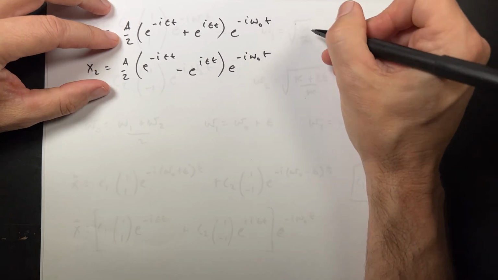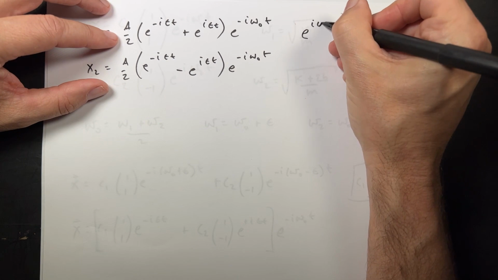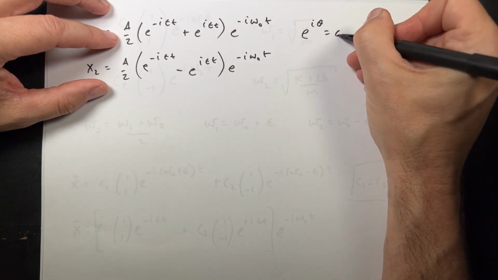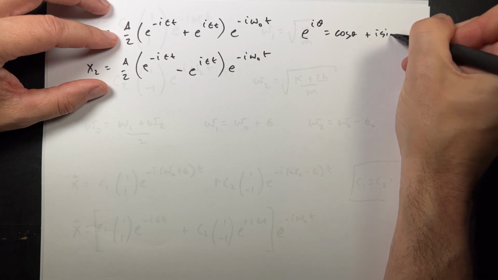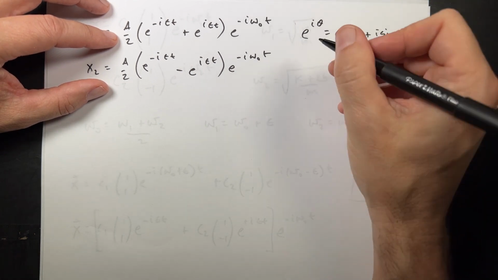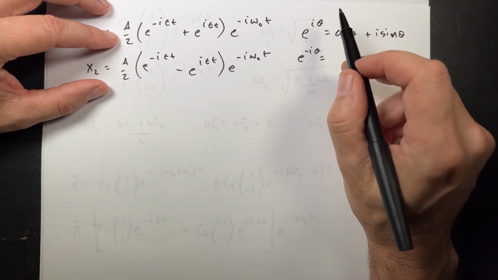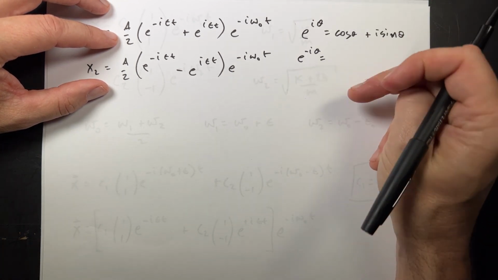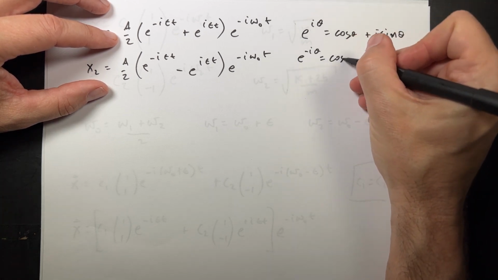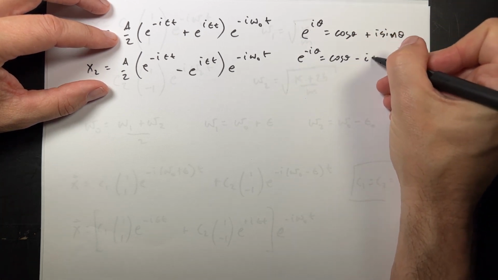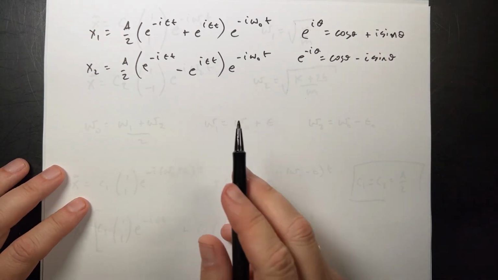I can use the Euler equation, which says e to the i theta is equal to cosine theta plus i sine theta. And if I put in negative theta, cosine of negative theta is the same as cosine of theta, so e to the minus i theta is just cosine theta minus i sine theta. So we got a bunch of trig stuff to do.